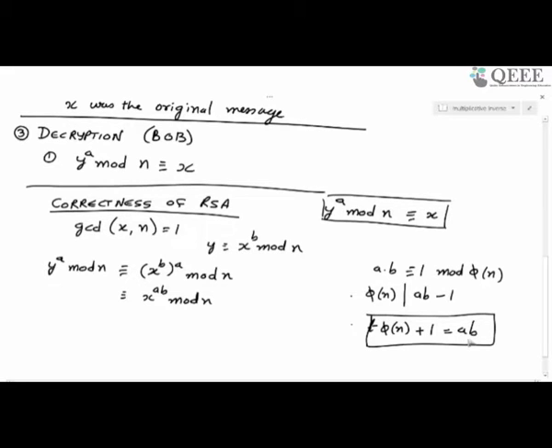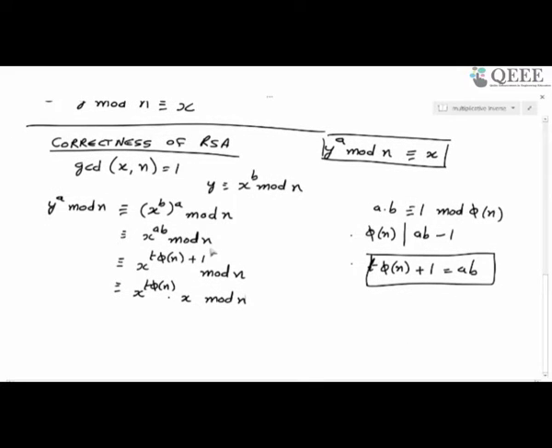So therefore, we can now substitute t phi of n plus 1 for ab over here. So this is congruent to x to the power of t phi of n plus 1 mod n. So this is nothing but x to the t phi of n into x mod n.